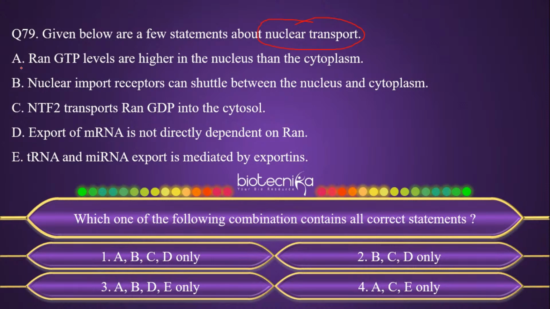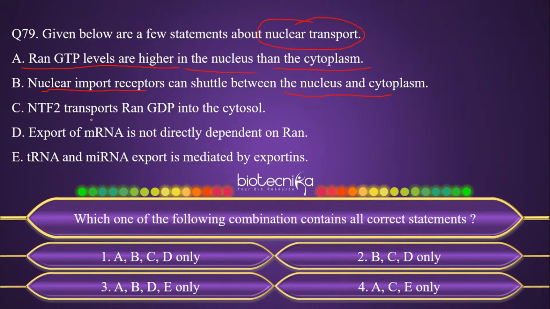First statement, RAN GTP levels are higher in the nucleus compared to cytoplasm. Nuclear import receptors, that is your alpha and beta, will be shuttling between the nucleus and cytoplasm.